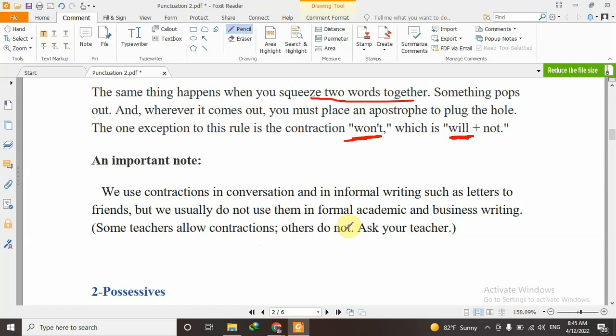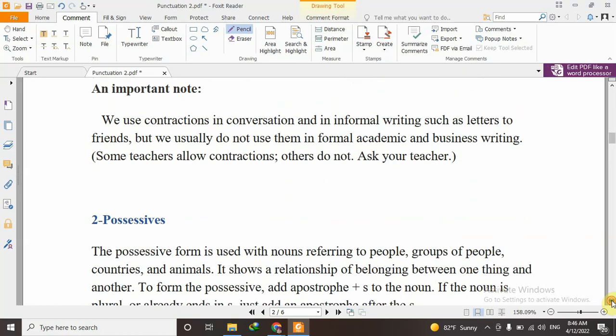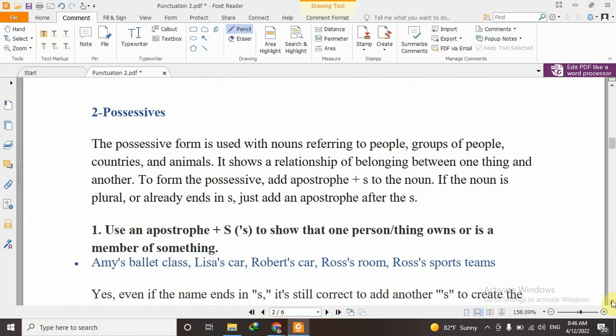So what you are going to do is ask your teacher whether he or she accepts contractions in the written form or not. For me, I said it is okay. So when I ask you to write something, you can use the contractions in your examples or in your written piece.